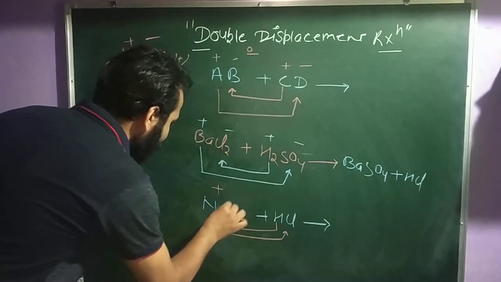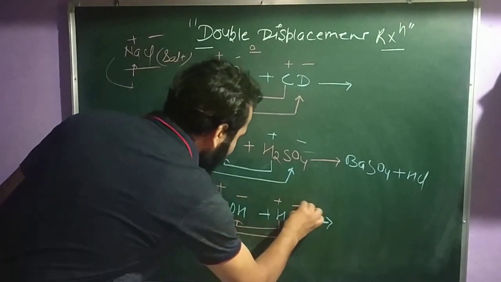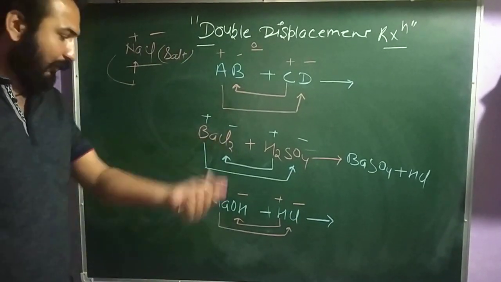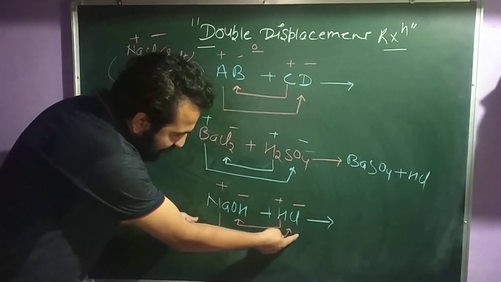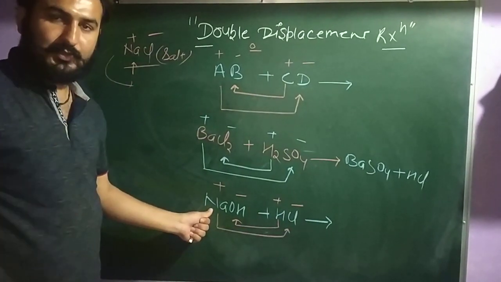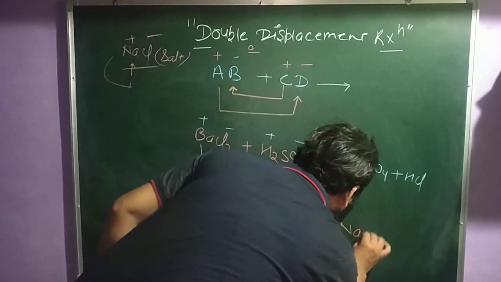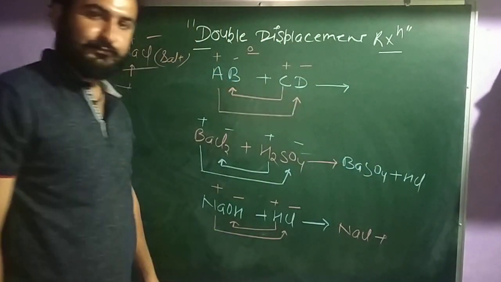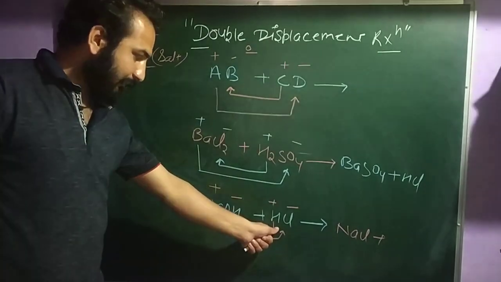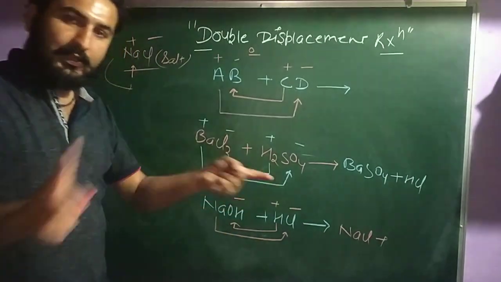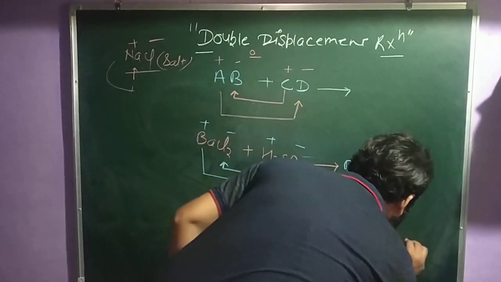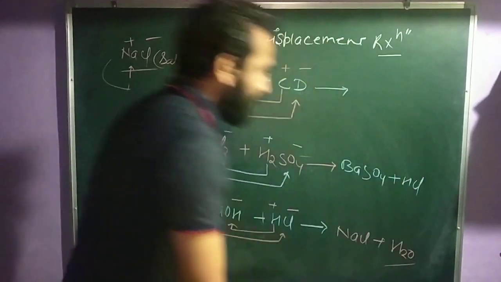So this positive, negative, and the compound is NaCl. Na has one positive charge and Cl has one negative charge, and the product is NaCl. And H is positive, OH is negative, combining together to form H2O, water.